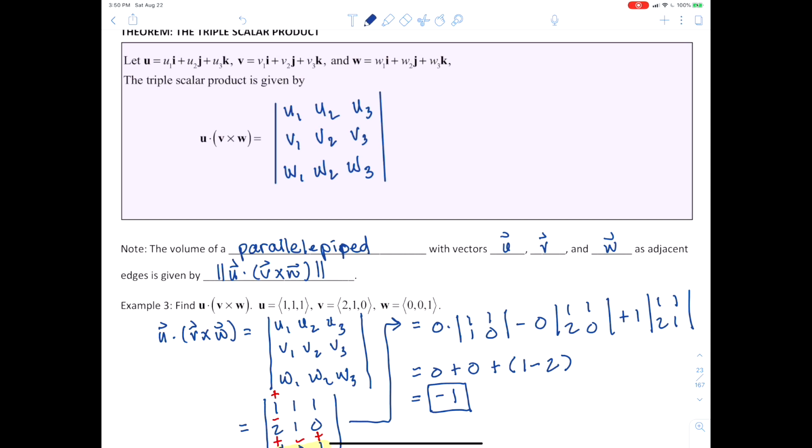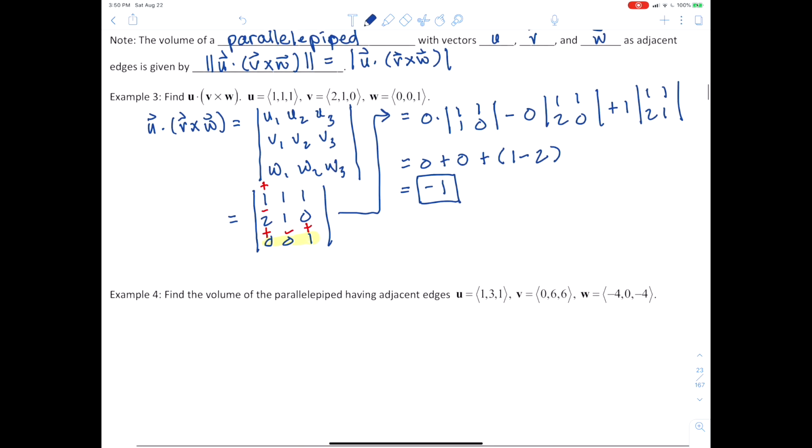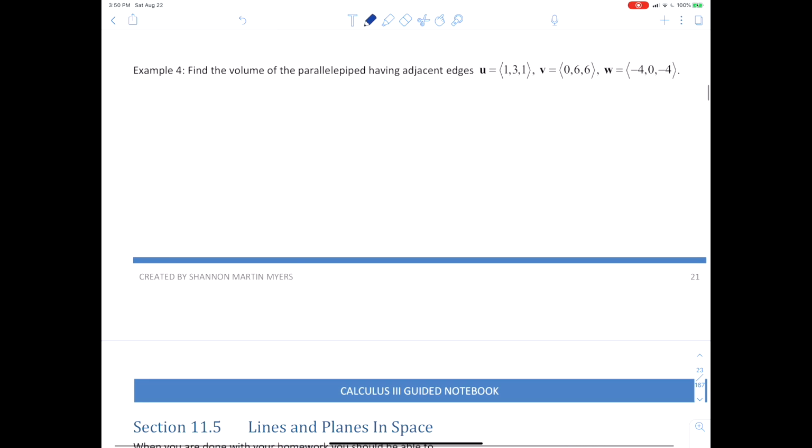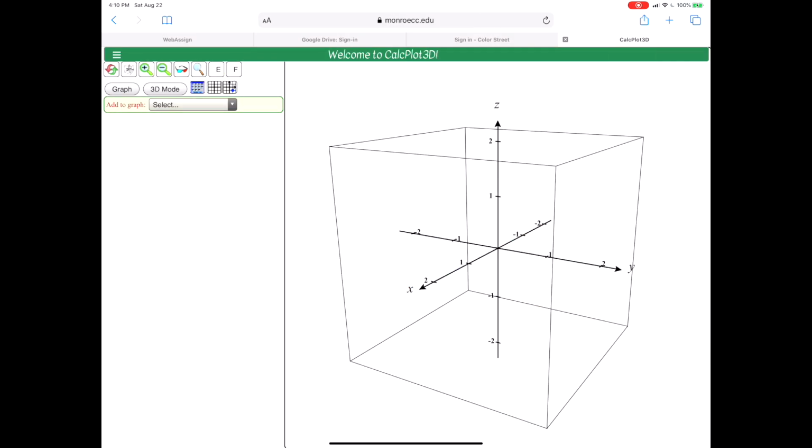Let's just put a note here, which is just the absolute value of U dot V cross W. Okay, so let's find the volume of this guy.